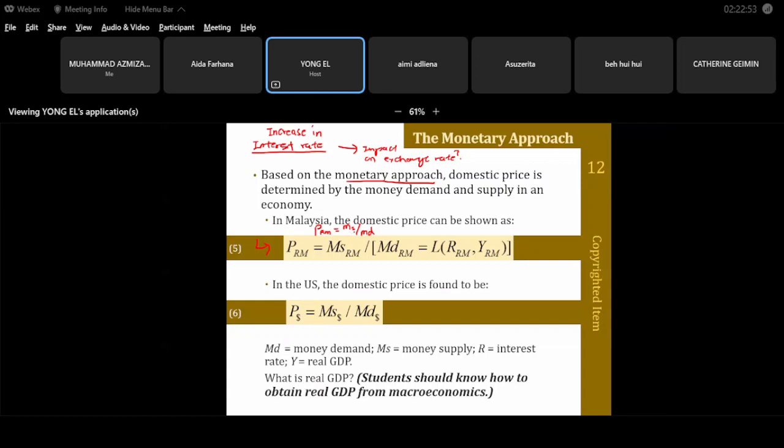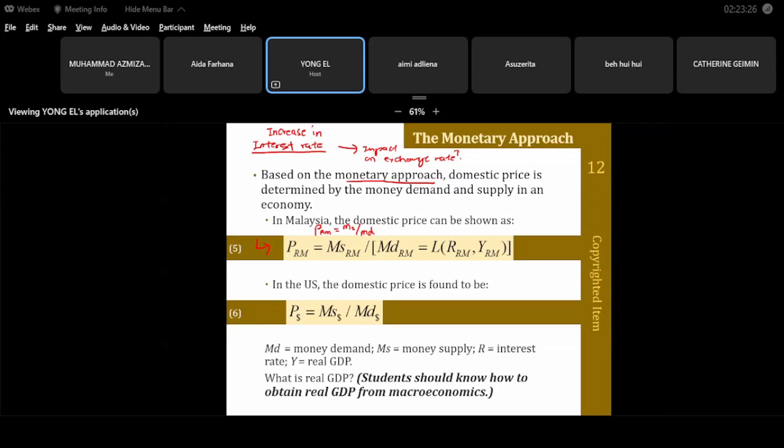Money supply is determined by the central bank of a country. In Malaysia, what is the central bank in Malaysia, by the way? In the Malay name, can anyone mention? That's the name, Bank Negara. Yeah, Bank Negara is the central bank in Malaysia.